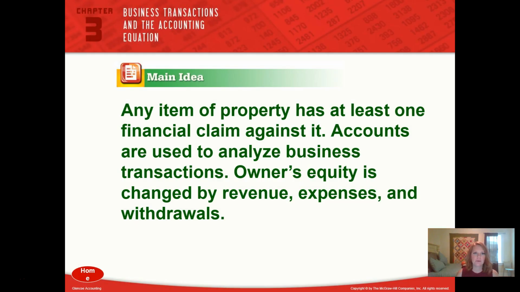But the main idea for chapter 3 is that any item of property has at least one financial claim against it, and we'll talk about that more. Accounts are used to analyze business transactions, so as we are looking at how a business spends money or brings money in, we're putting those transactions into specific accounts. And then from there, owner's equity is changed by revenue, expenses, and withdrawals.